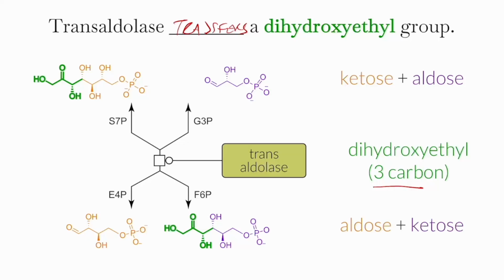It's going to take things like S7P and G3P, and swap the 3-carbon group between them, generating E4P and F6P. And hopefully what you're seeing here is, wait, these enzymes have similar substrates to each other. We've seen all these substrates before, yet we have different enzymes that are doing different moves on them.